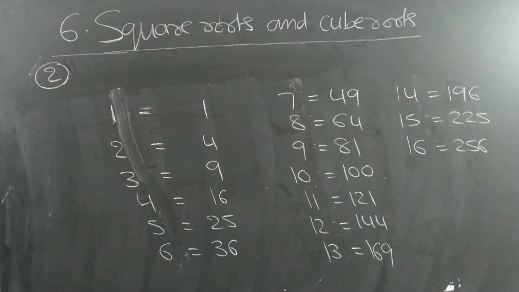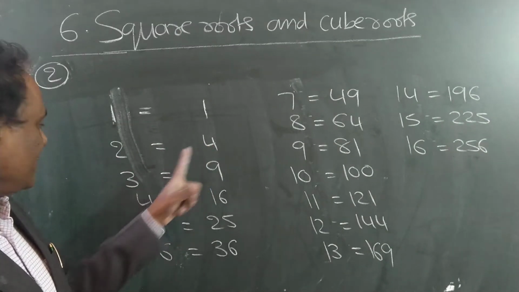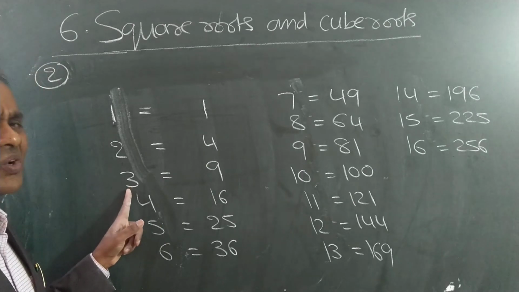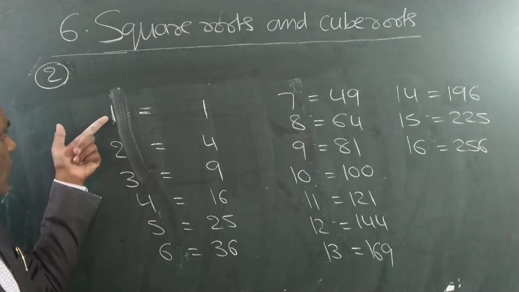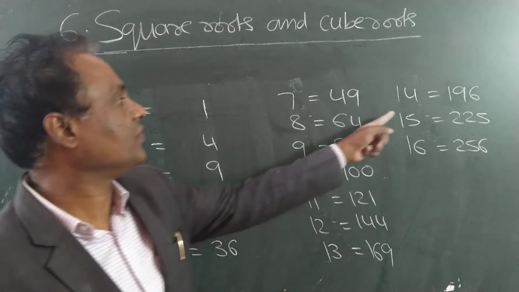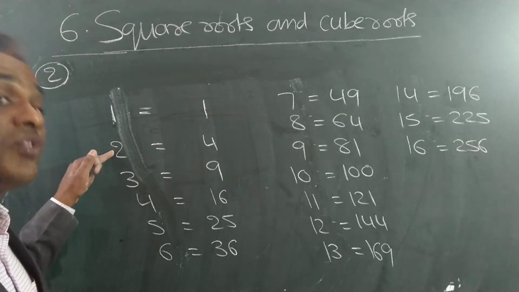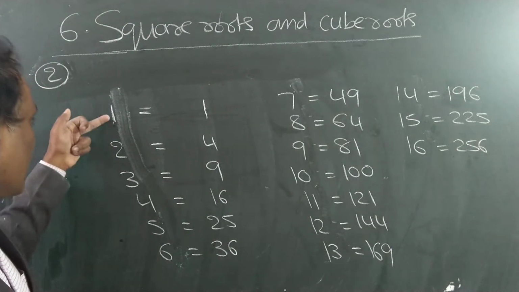If you observe this, if it is an even number, its square is also even. If it is an odd number, you know what are the even numbers and odd numbers?